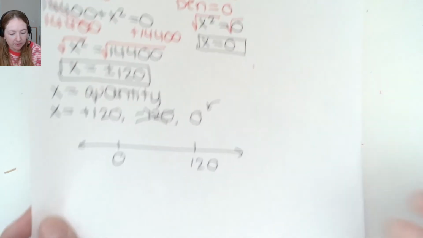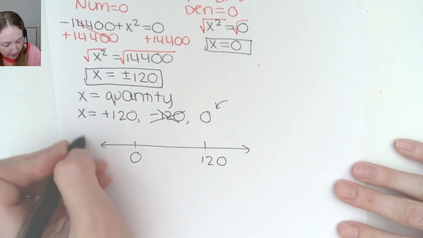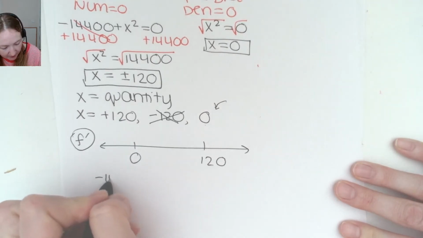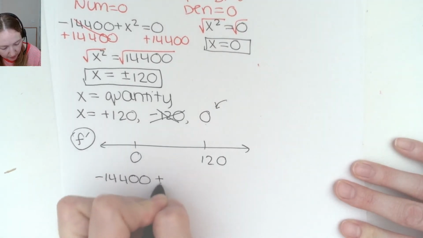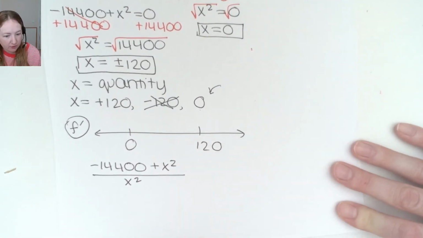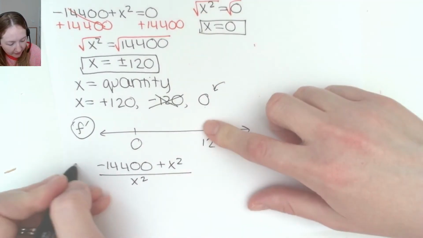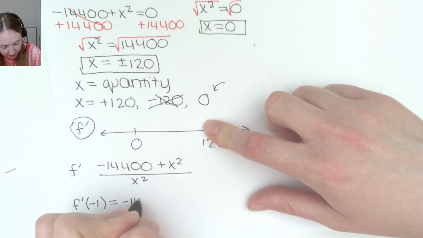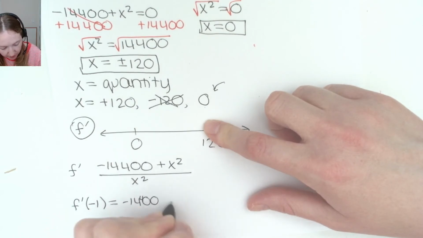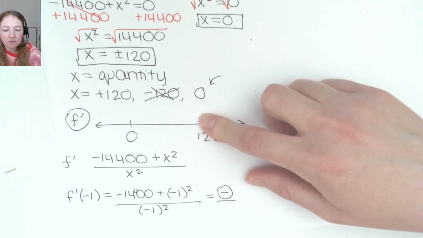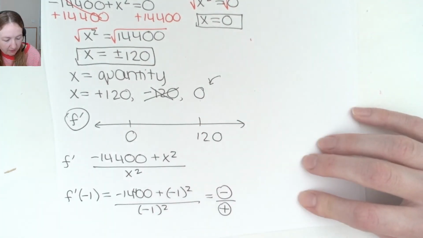Because what would happen is I would draw my derivative number line and I would plug into the derivative, negative 14,400 plus x squared over x squared. When I plug in, let's say, negative 1, I would get negative 14,400 plus negative 1 squared over negative 1 squared. And that would give us a negative in the numerator and then a positive in the denominator.